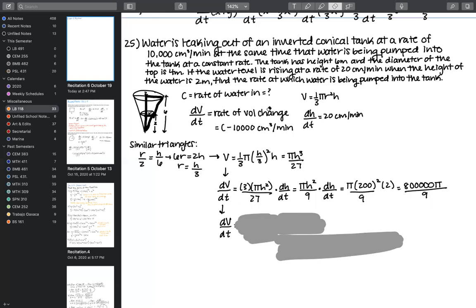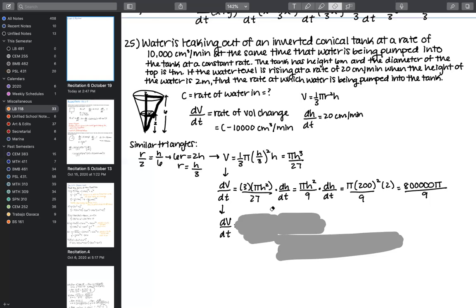What we're asked to find is the rate at which the water is being pumped into the tank, which is that constant rate that was referred to in the beginning of the context of this problem. Since we have set up this equation as dV/dt is equal to C minus 10,000 centimeters cubed per minute, the rate in versus the rate out, we've just found the general rate of change as it relates to how quickly the height is changing.